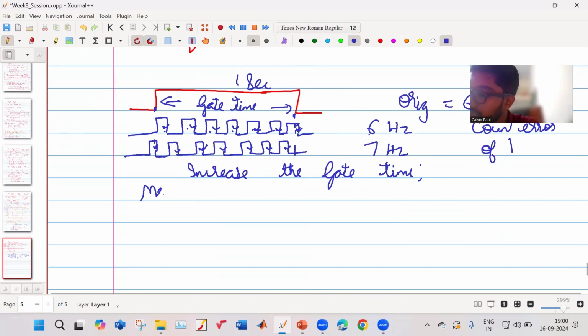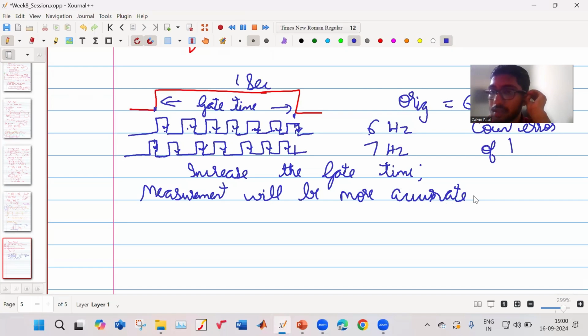The measurement will be more accurate. Okay, measurement will be more accurate. But can anyone tell me what will be the problem if we increase the gate time to be very high? Like what can be an issue you may face? Can anyone tell?